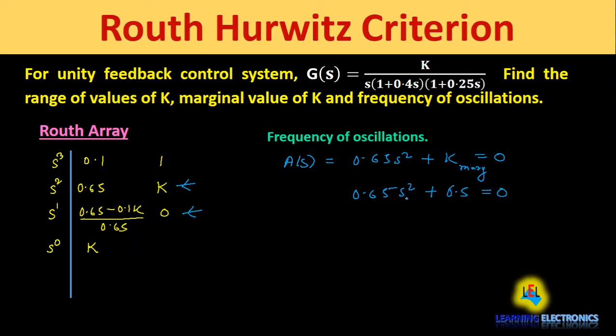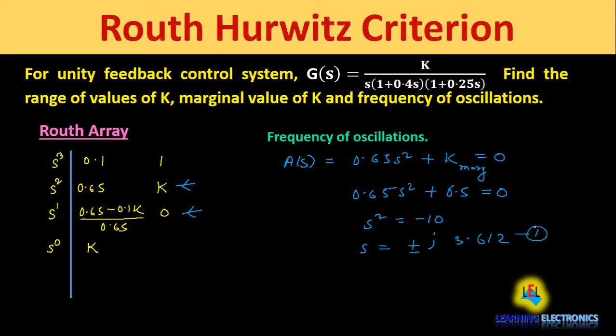From this equation we will get s square equal to minus 10. So when we solve this we will get two roots, s equal to plus minus j 3.162. Now we have to compare this with the standard equation of roots of the characteristic equation.